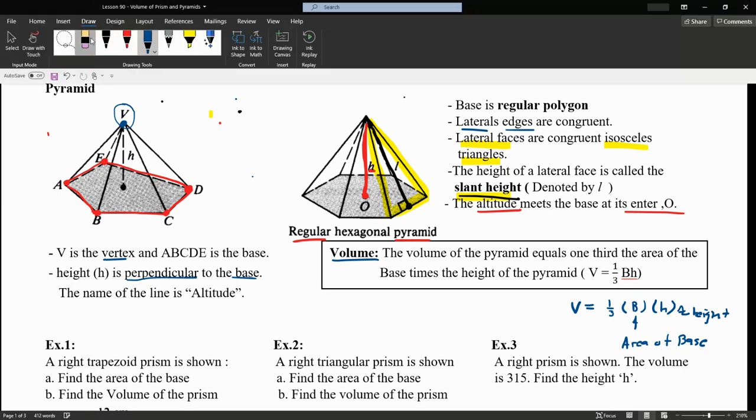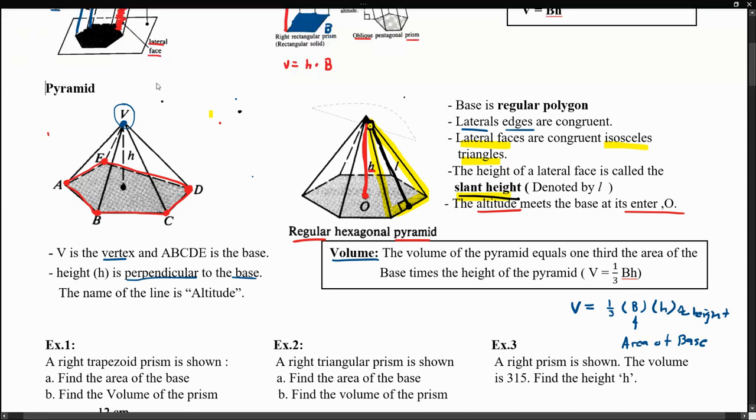So the way that we're going to define the area, again, just to give you a visual representation of what's going on here: to find the area of any pyramid, we're going to concentrate on just the base.